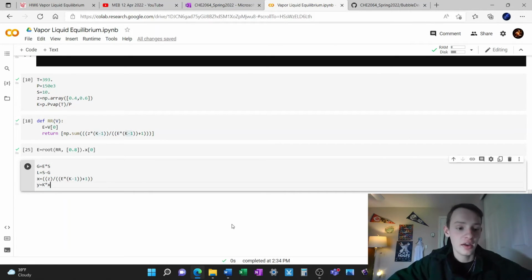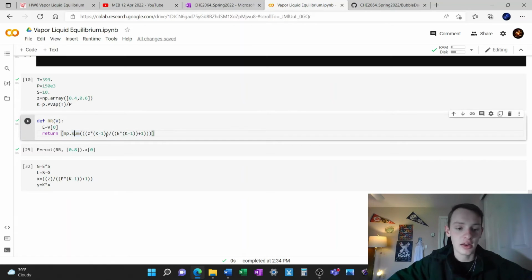Before we move ahead, I want to talk about a couple changes I made. I made a typo in my sum where I forgot an asterisk, so I wasn't multiplying the mole fraction in the vapor phase by the quantity of K minus 1. So I added that asterisk, and I think I added a parentheses as well over here.